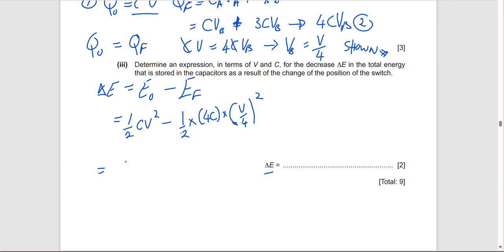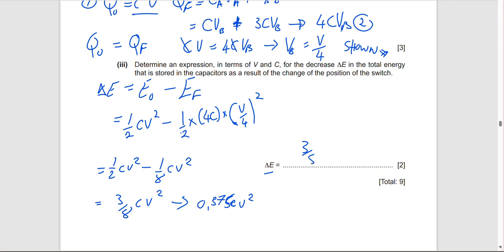Then our expression becomes half CV squared minus 1 over 8 CV squared, and then we get our 3 over 8 CV squared. You could also write it as 0.375 CV squared, but I'm just going to leave it as 3 over 8 CV squared.